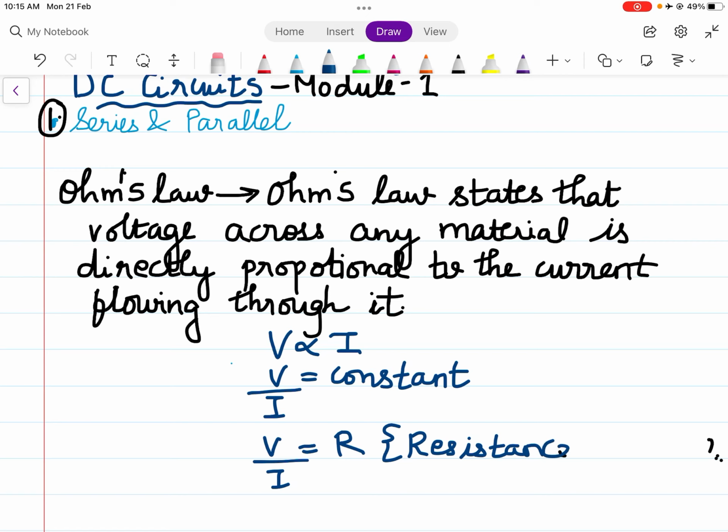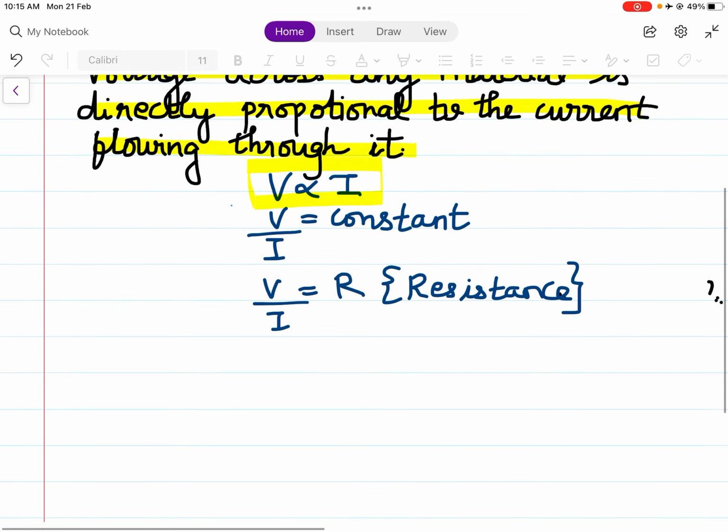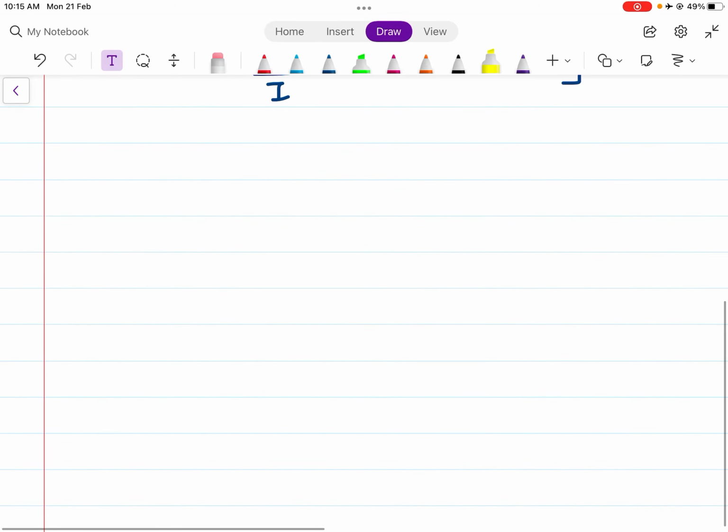So Ohm's law states that the voltage across any material is directly proportional to the current flowing through it. This is the explanation for Ohm's law.